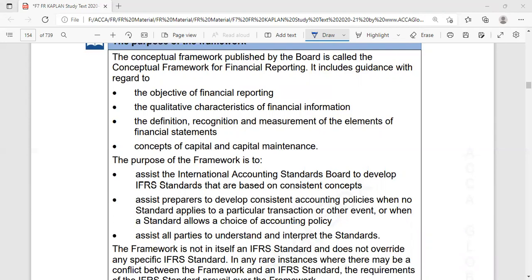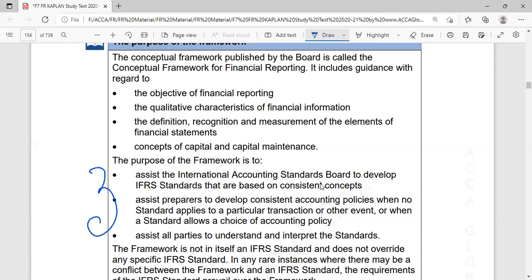It provides assistance to the IASB while developing the IFRS, and it assists preparers to develop consistent accounting policy where no standard applies to a particular transaction or event, or when the standard allows a choice of accounting policy, and it assists all parties to understand and interpret the standard. So these are the three basic objectives.